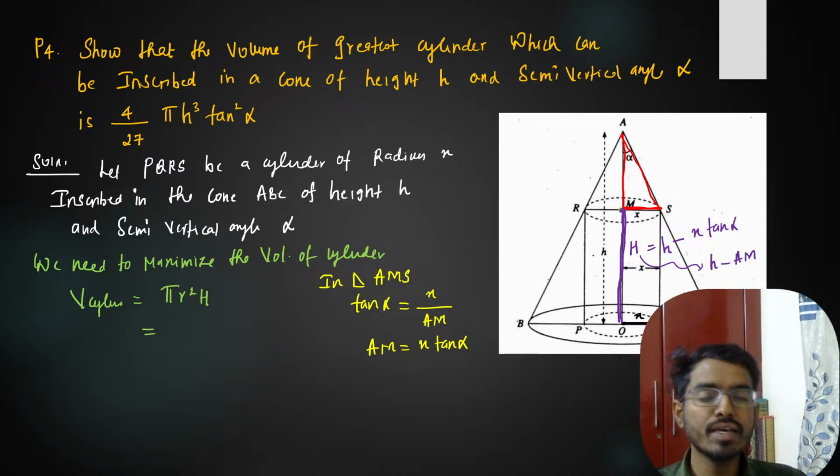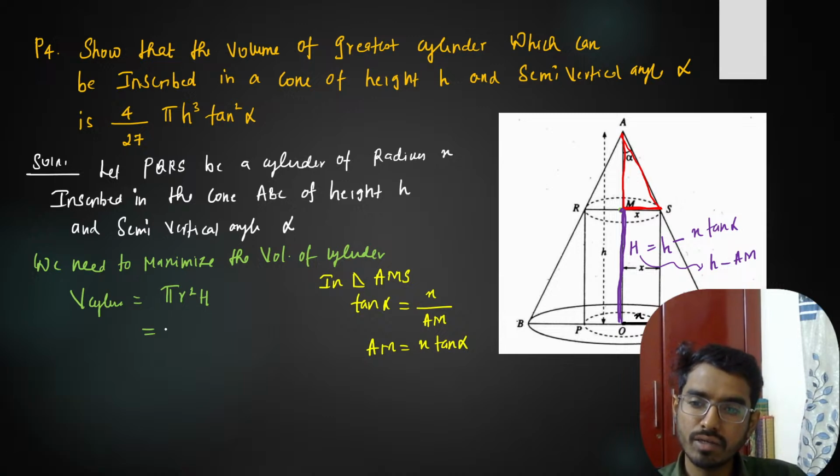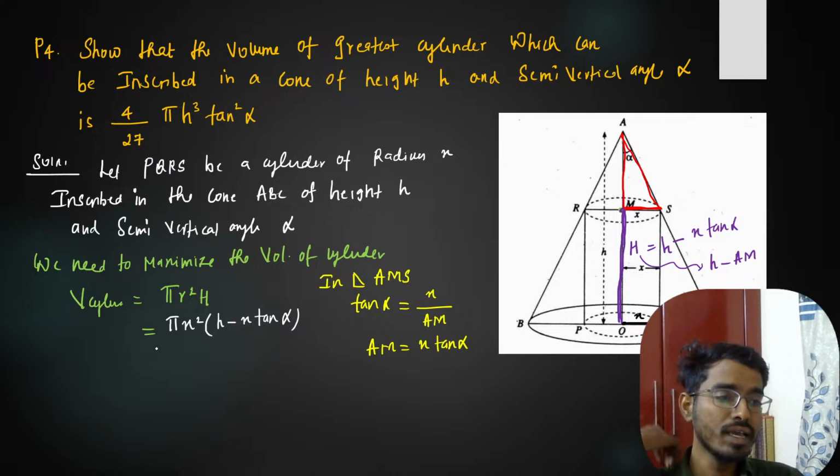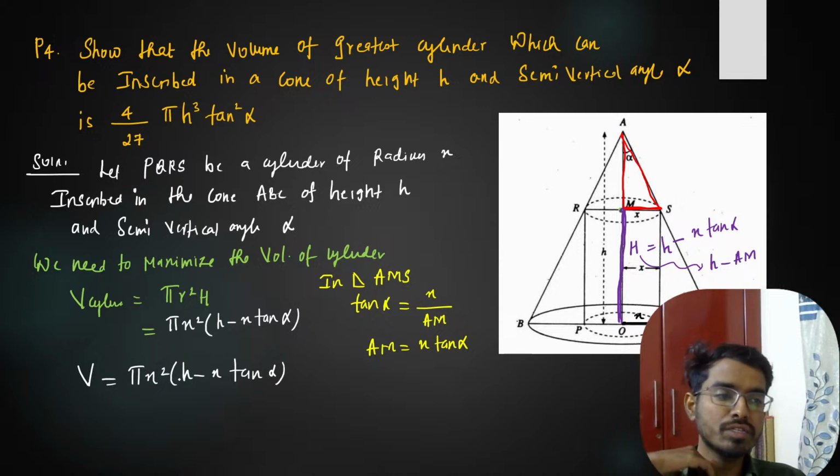So the height of the cylinder is h minus AM, and the radius of the cylinder is x. The volume will be pi x square into H. So we need to maximize this function.